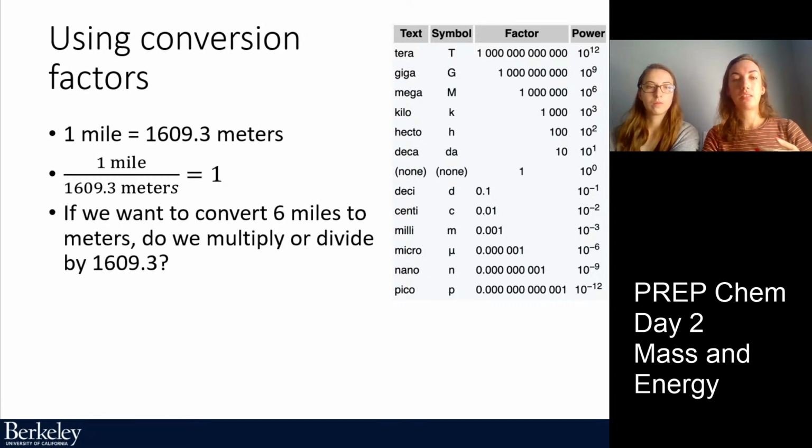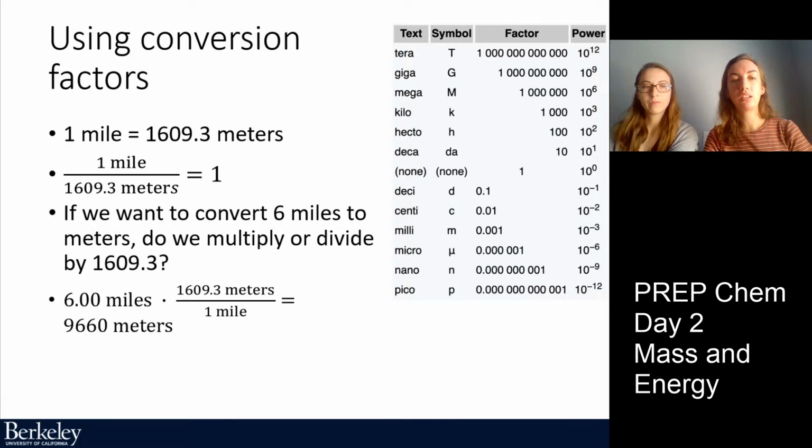So that means that when we need to convert things, we often have this question of, okay, I have 6 miles, I want to convert it to meters, do I need to multiply or divide by that conversion factor? Maybe you have some intuition for how big a meter and a mile is, so it might be easy for you to figure out here, but sometimes it's a little harder.